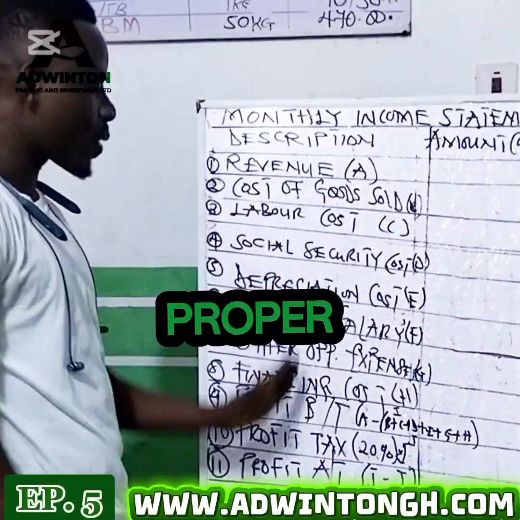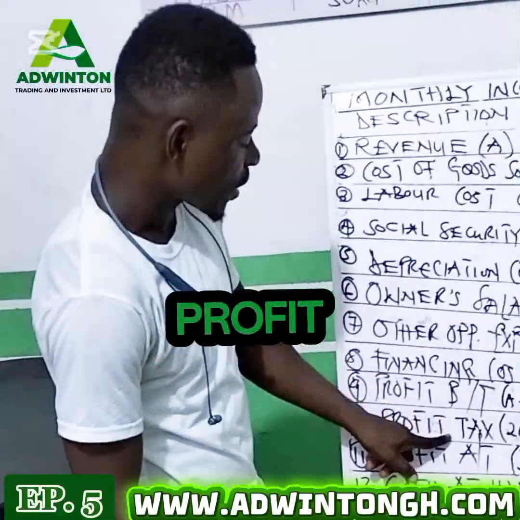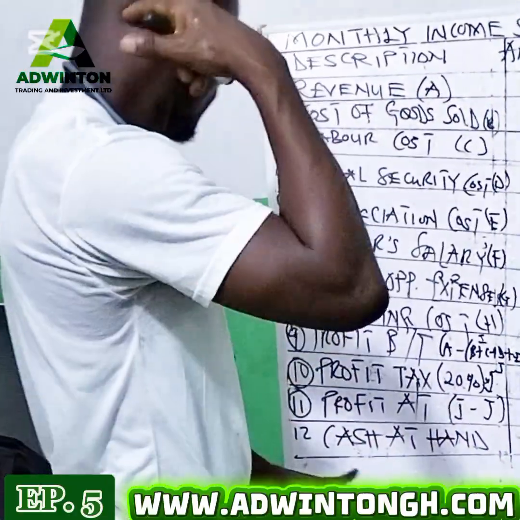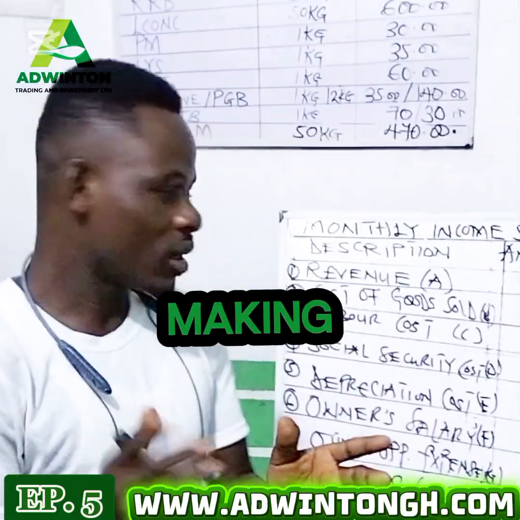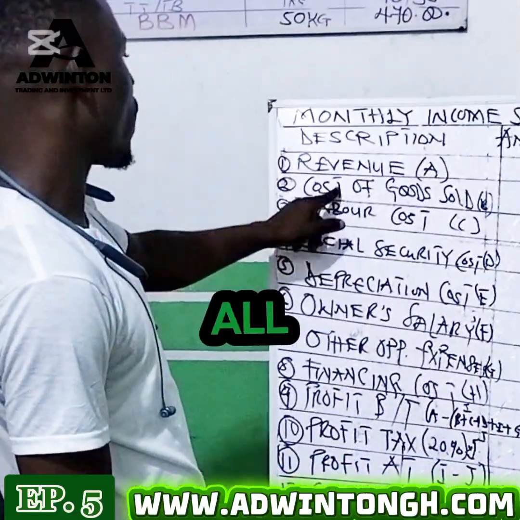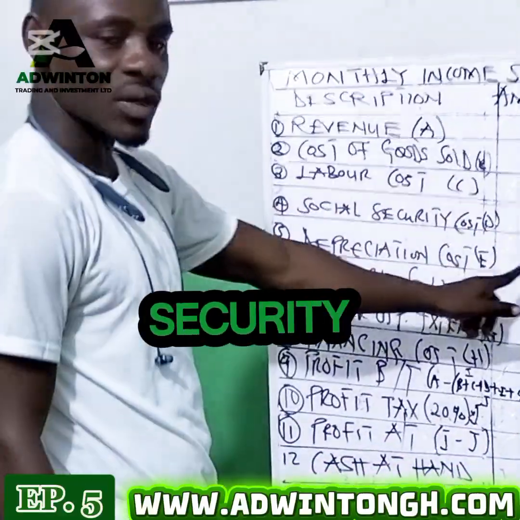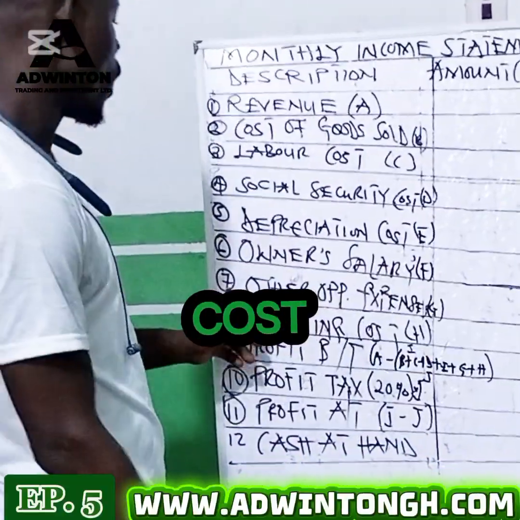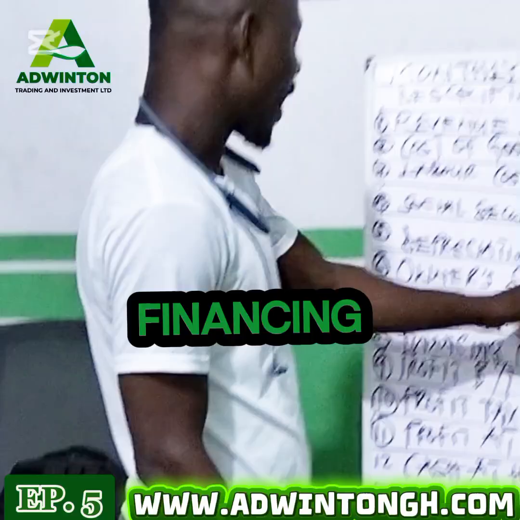But if you are keeping proper records, they will rather come to the profit before tax. What profit are you making before they tax you? You deduct the cost of goods sold, your labor cost, social security cost, depreciation cost, owner's salary cost, other operation expenses, and your financing cost.